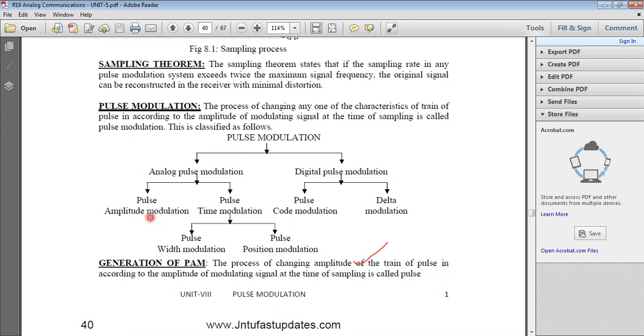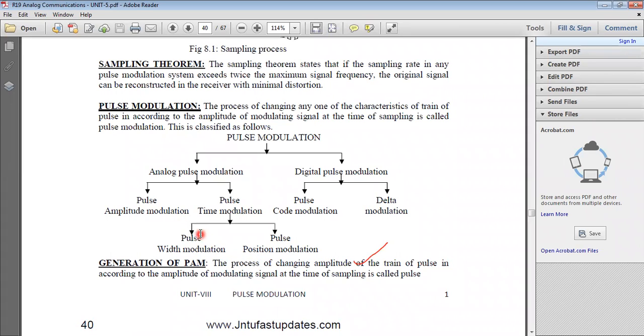What is PAM? If the amplitude of the pulse changes in accordance with the amplitude of the modulating signal or message signal, it is called PAM. So what is the observation here? The characteristics of the pulse change, either amplitude, width or position, according to the amplitude of the modulating signal.